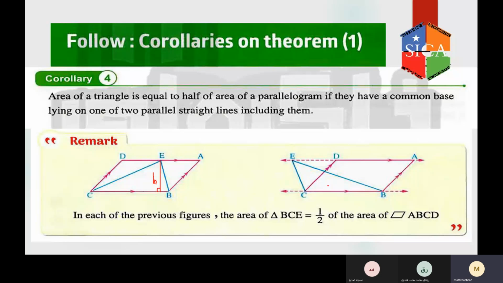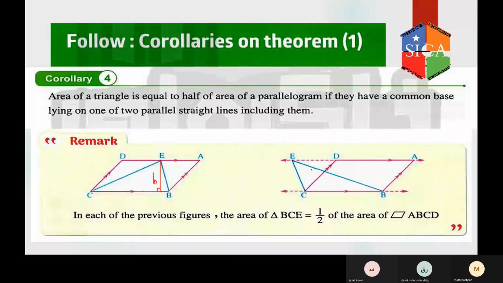And in this figure, the triangle EBC and the parallelogram ABCD have a common base, which is BC. This is a common base, and between two parallel straight lines, these are two parallel straight lines.